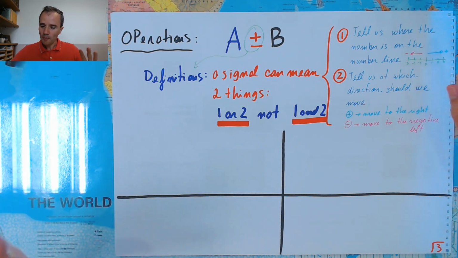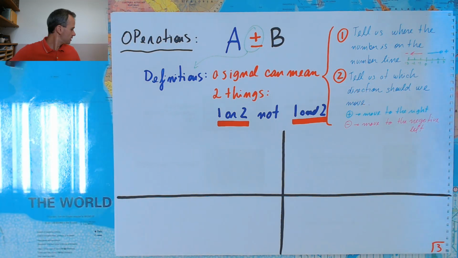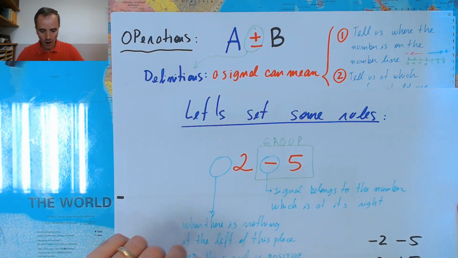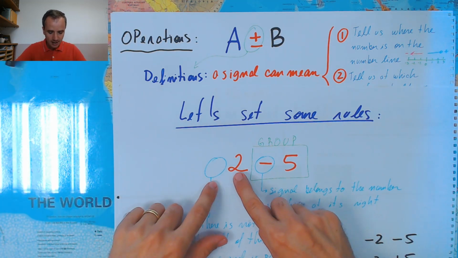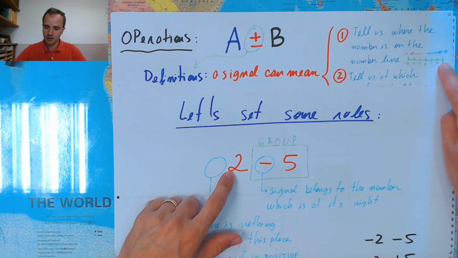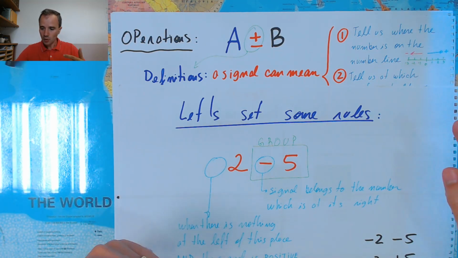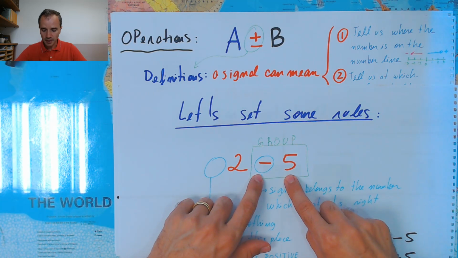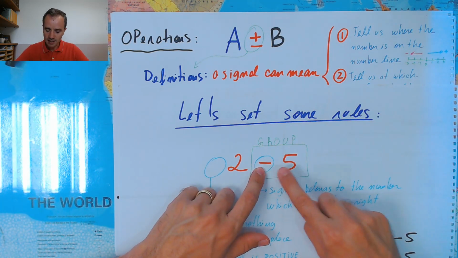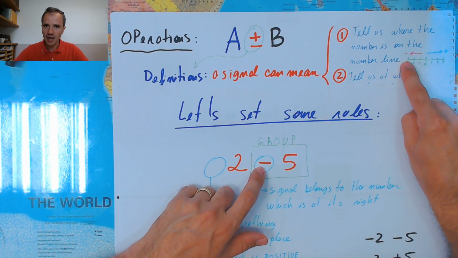So one way to see it is this. Remember when we had 2 minus 5. One way to see it is that the 2 is positive, on the right side. Another way to see the number minus 5, this negative, is that it is just telling us that the 5 is on this side of the number line.